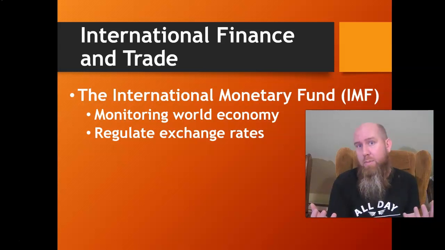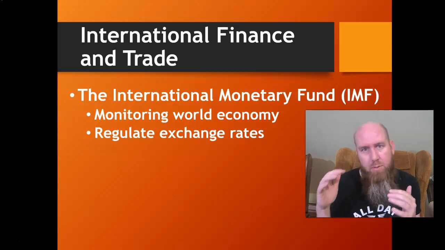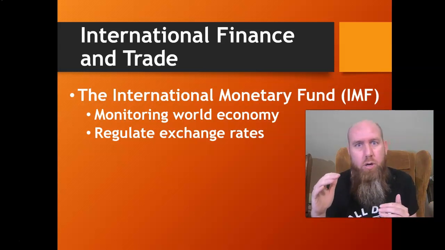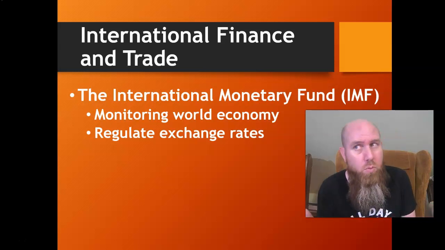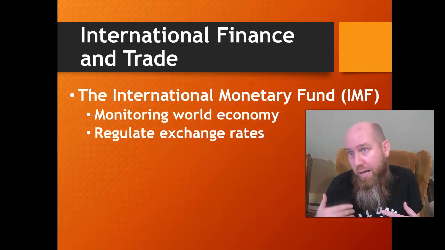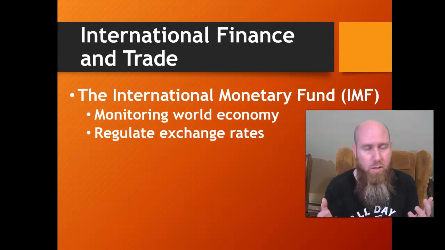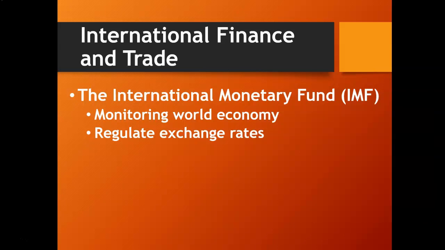And before the IMF, individual traders of currency and even governments were able to set their currency value really at whatever they thought they could get for it, which resulted in what we call currency manipulation. Like, you can make your currency worth more when you want to buy stuff and less when you want to sell things. The IMF in large part was instituted to make sure that exchange rates were accurate and fair. And finally, the IMF acts as what we call the lender of last resort.